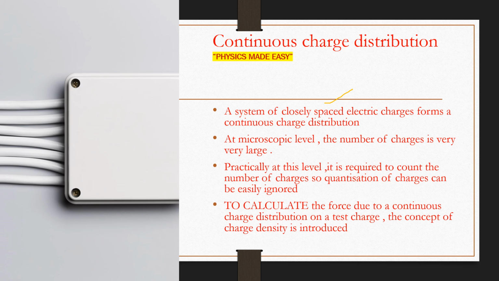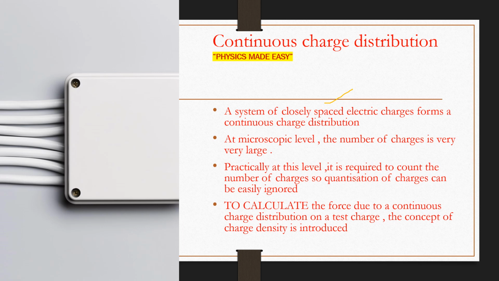At macroscopic scale, the number of charges is very large. Practically, at this level it is not required to count the number of charges, so quantization of charges can be easily ignored.